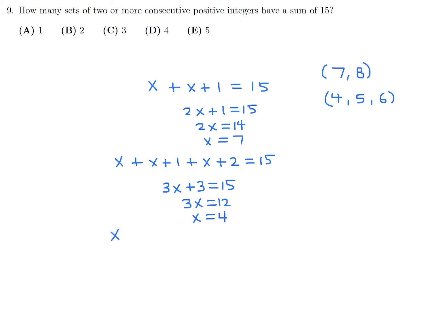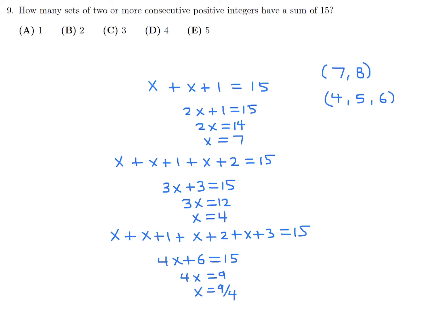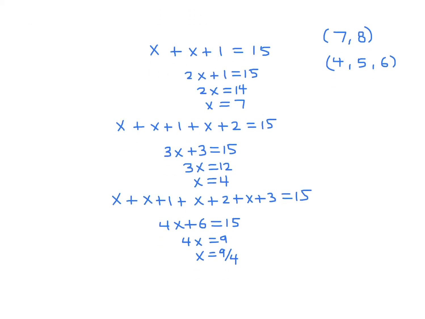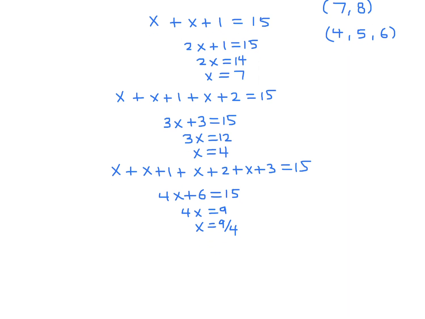All right, let's try 4 consecutive positive integers. That would give me the following. We've got 4x plus 6 is equal to 15. 4x is therefore equal to 9. But at this point, x becomes 9 over 4, and that's not an integer. So I can't use that. All right, no problem. Let's see if I can get any more. How about if I have 5 consecutive integers?